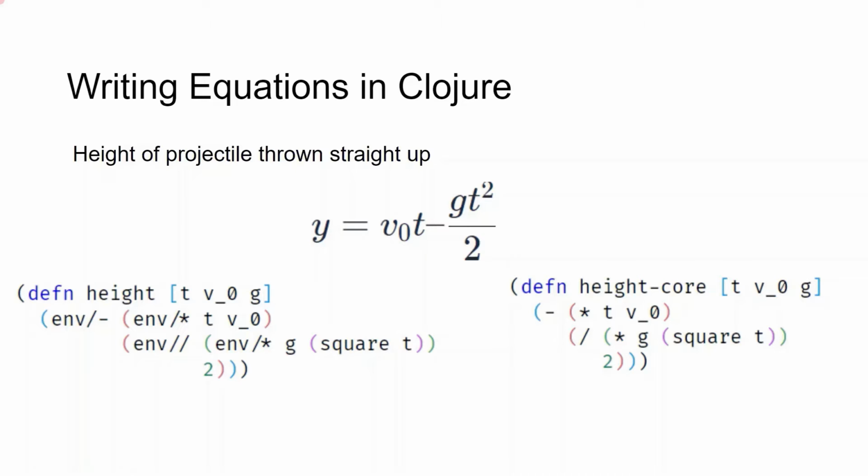That means that they can operate on more than numbers. For example, the minus operator can subtract symbols, matrices, and other data structures. We could write the same function using the Clojure core functions, as you can see on the right, but then they would not be able to support many of the SICMUtils capabilities.